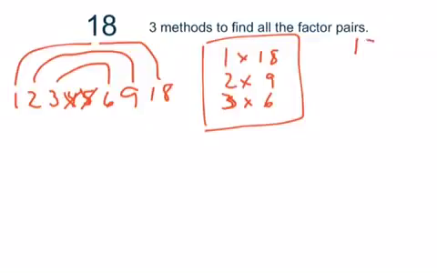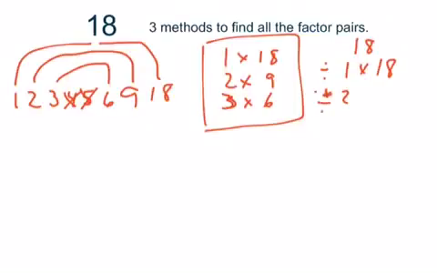And then another one would be to use division to help me think of factor pairs. So I'll think about 18, and I'll think 18 can be divided evenly by 1, true, because 1 times 18. So now I'm using division. I know that 18 divided by 1 is 18, so that one works. Can I divide 18 by 2? Oops, that was supposed to be a division sign there.